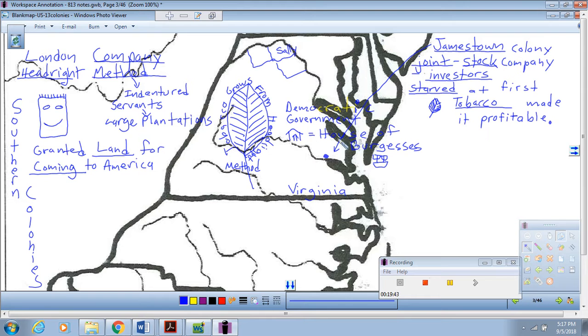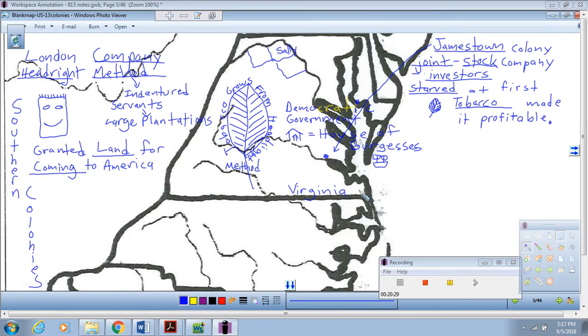And as we learned in the last lesson, in the English colonies, there was a prevalent feeling of self-government. And the House of Burgesses was the democratic government in Virginia, or the entity which would be the self-government of that colony.